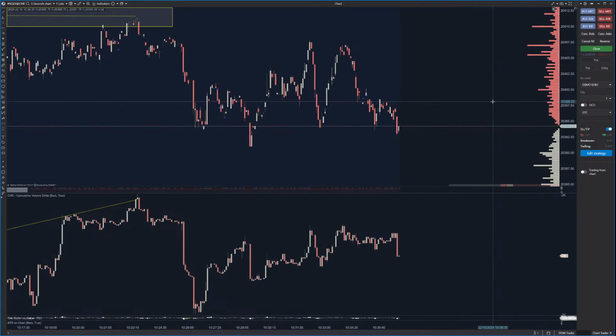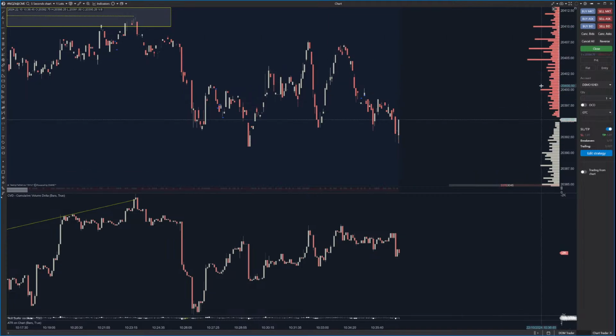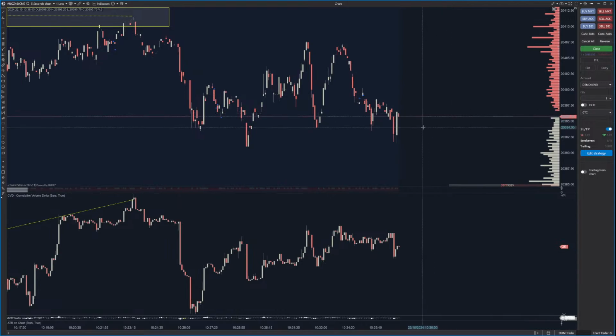But basically, when we have these limit orders, everybody can see those on the book, or on the order book, or on the DOM, the depth of market.